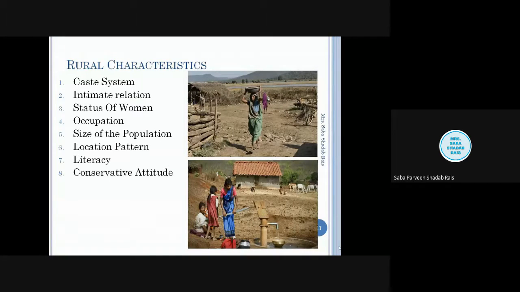For example, in one village there are many programs like haldi for the marriage, haldi, mehndi, and who knows what else. They have so many things.